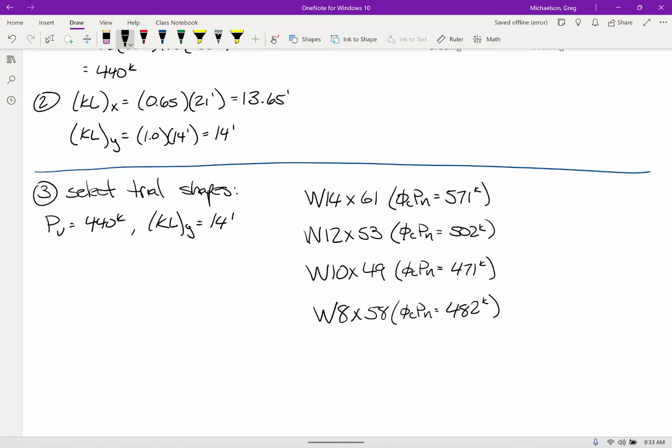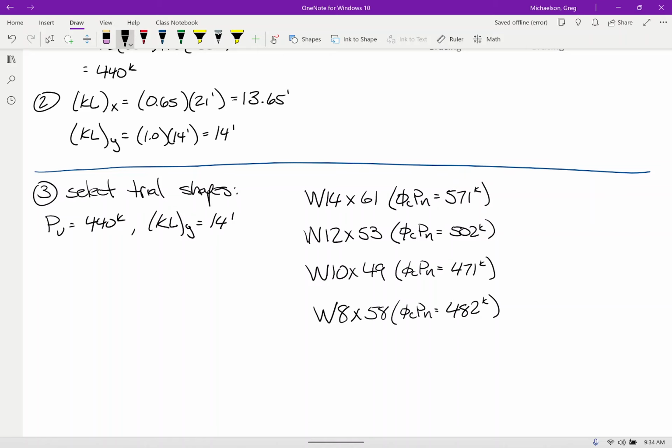Now, let's make sure that we're clear on the following two questions. The first question, for this problem, do we need to check the strong axis for any one of these shapes? No, because KLX is smaller than KLY, so no need to check any of these. So from these, we just pick the lightest one.